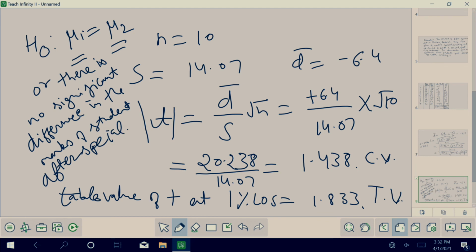So H naught is accepted, right, and we conclude that there is no significant difference between the marks of students before special class and after special class, you can say marks are the same. So there is no significant difference.